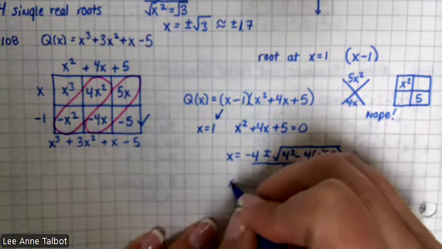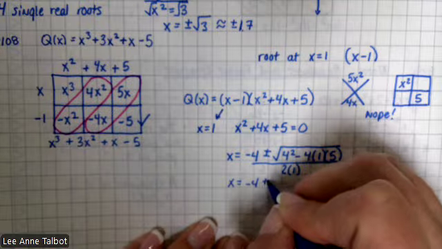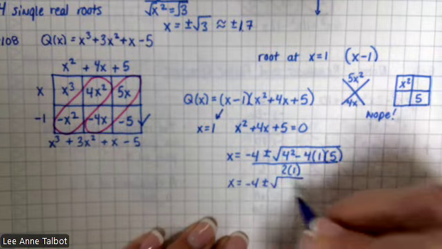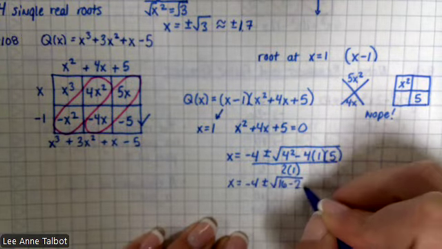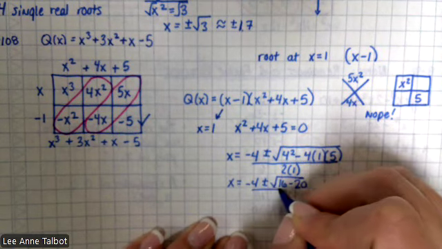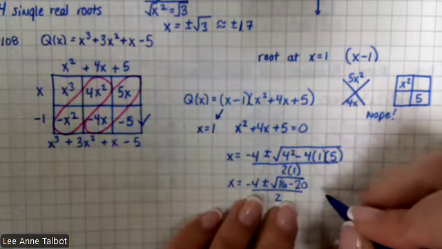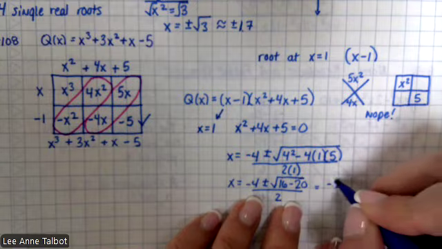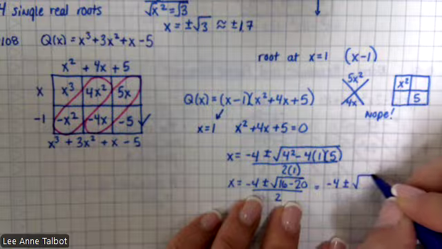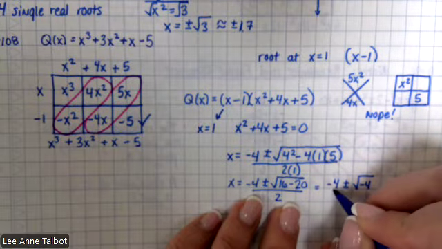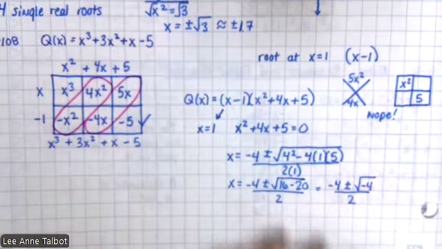Negative 4 plus or minus square root 16 minus 20. Negative 4 plus or minus the square root of negative 4 over 2.